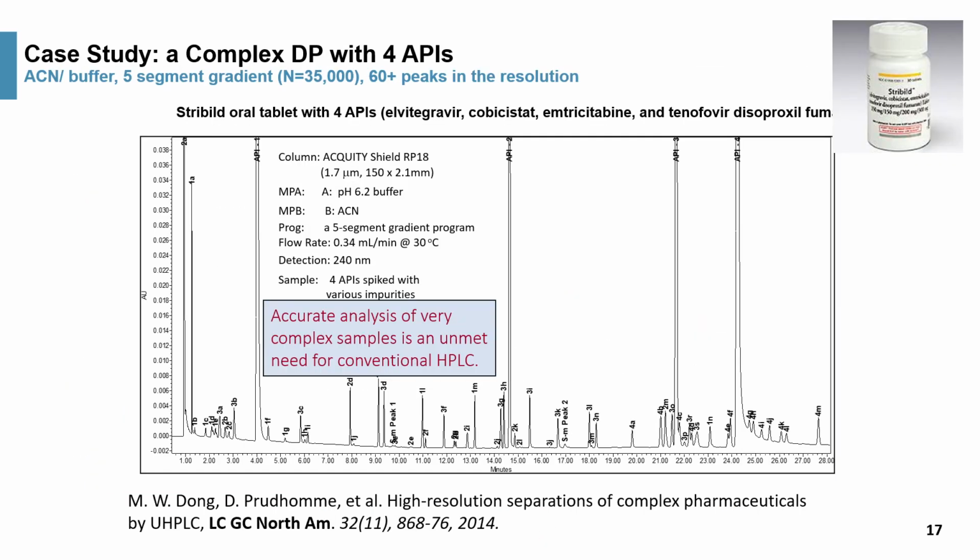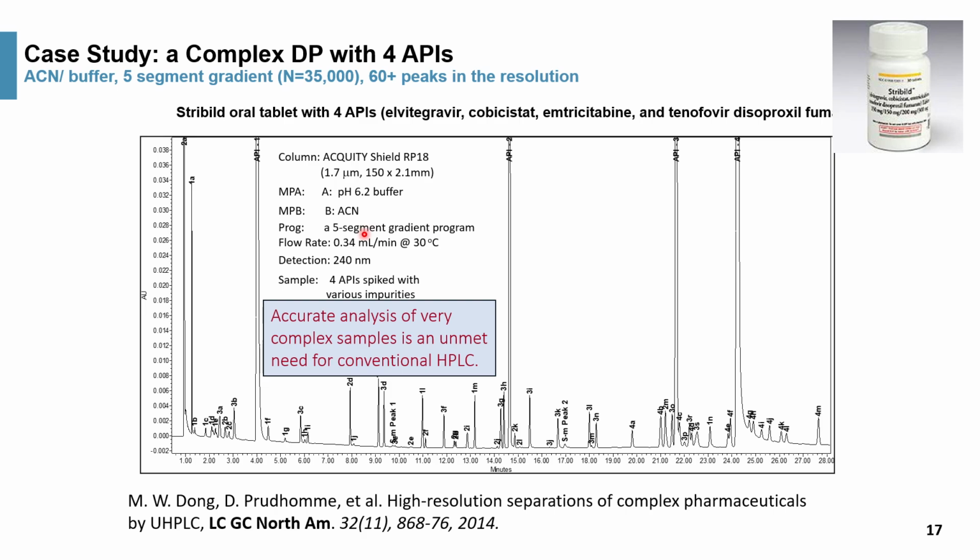Next one is an even more impressive example of a very complex pharmaceutical. This one is a Stribild oral tablet formulation with 4 APIs. This application came from Daniel Prudhomme of Gilead Sciences, in a joint publication in 2014 in LCGC magazine with myself. The Stribild tablet has 4 APIs, and the system suitability mixture consists of up to 60 peaks.